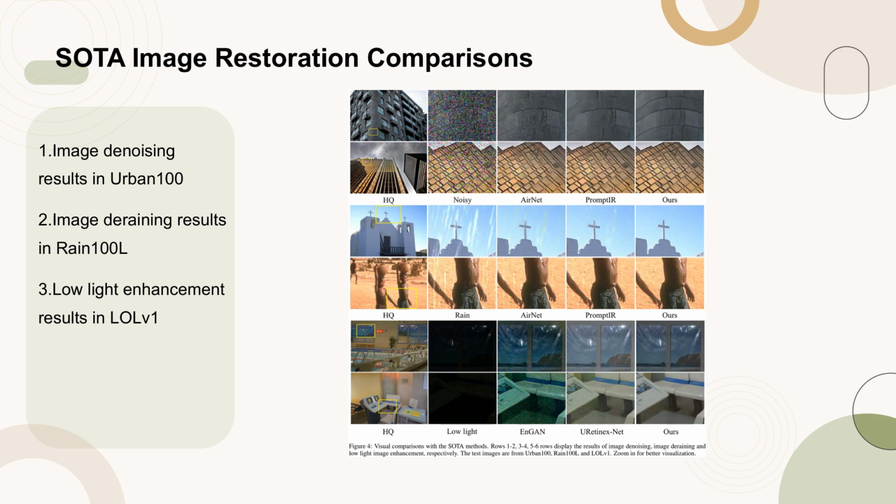The middle 2 rows demonstrate the effectiveness of our approach in the image deraining task on the Rain100L dataset, successfully eliminating rain streaks and producing clear images. The last 2 rows illustrate the low-light image enhancement results on the LOL-v1 dataset, where our method enhances visibility and natural color without introducing artifacts or noise.